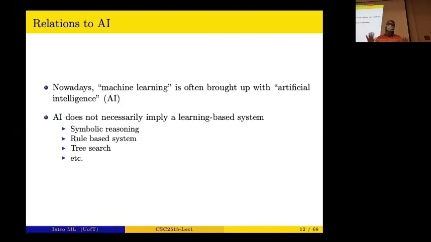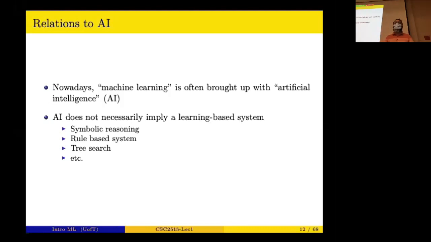Okay, so another thing that I want to talk about is the relation to AI. I somehow started from the relation to AI to some extent, mostly from the perspective of AI being almost equal to reinforcement learning. So what's the relation of reinforcement learning to AI? Now what I want to say here is that machine learning people kind of say machine learning and AI are the same, more or less, at least in media, but they are not exactly the same.